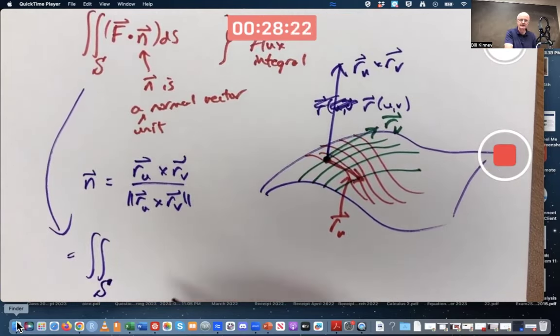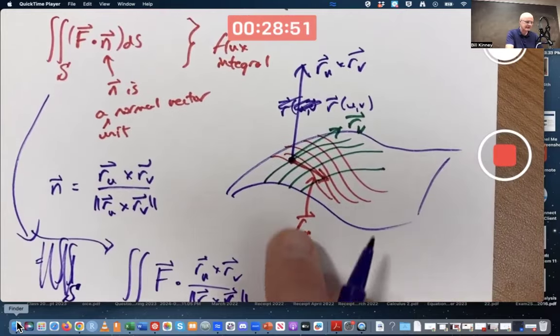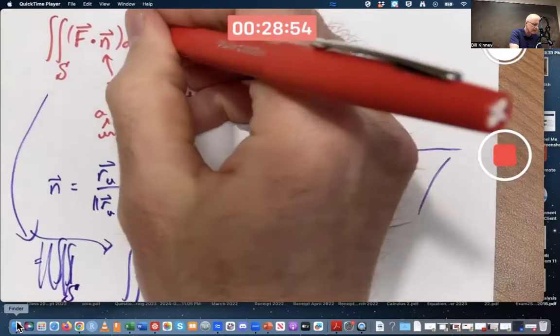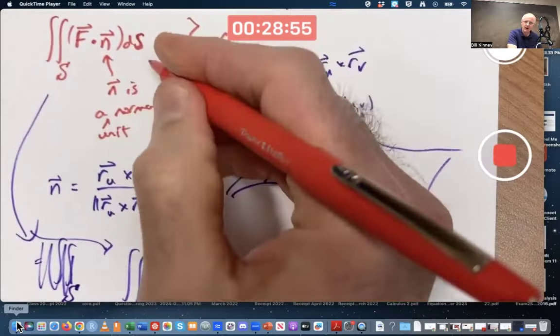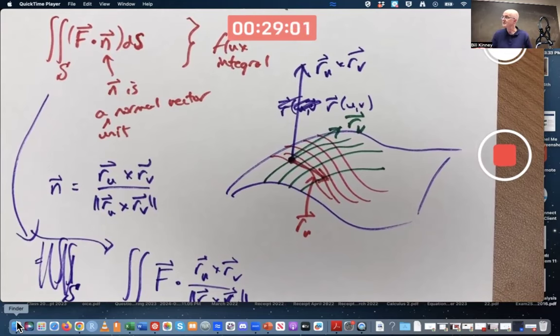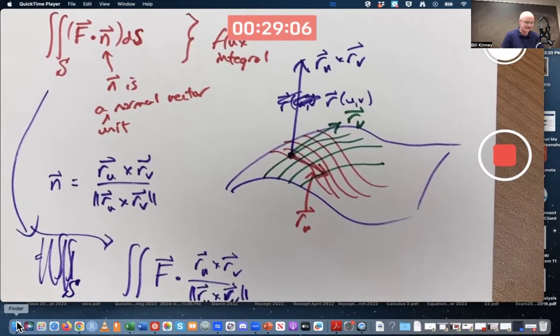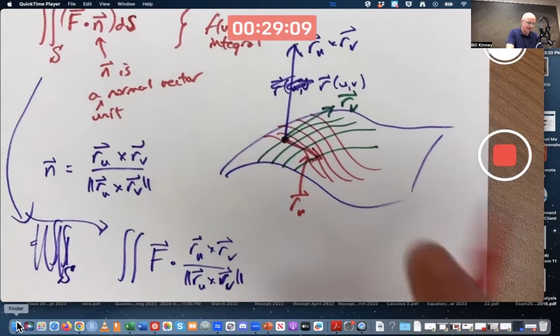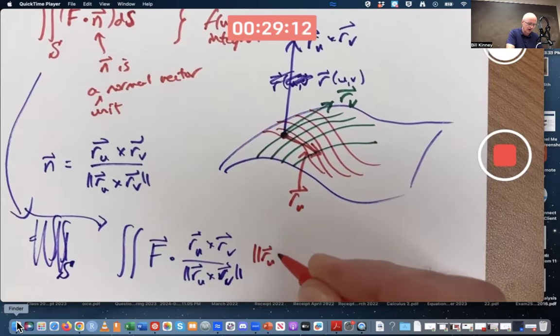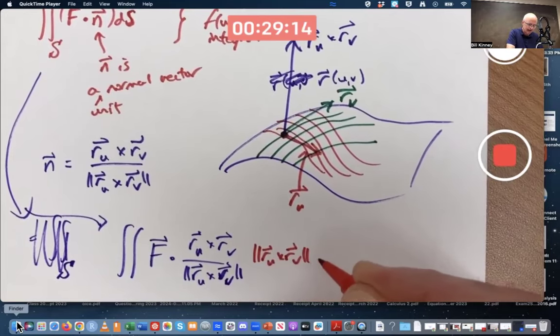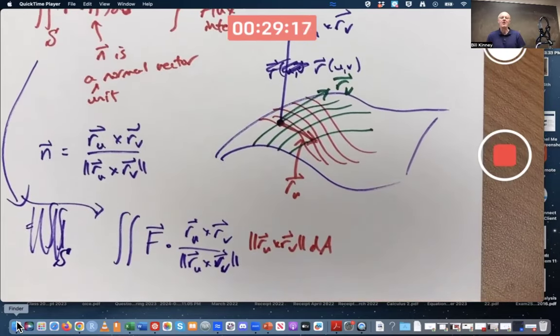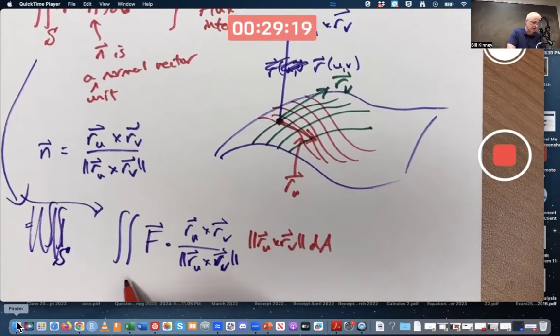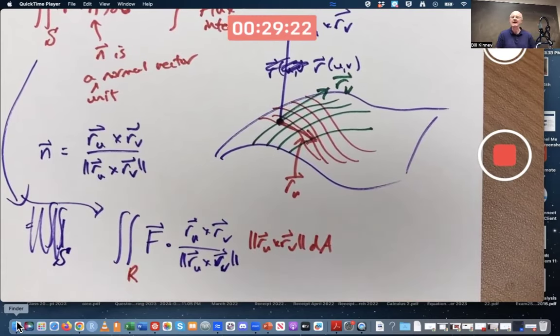But then we replace dS, this small element of surface area, with the same element of surface area that we used to figure out surface area from 14.5. Replace dS with the magnitude of RU cross RV dA, where now the region of integration would really be a rectangle, which we'll specify by R in a UV plane.